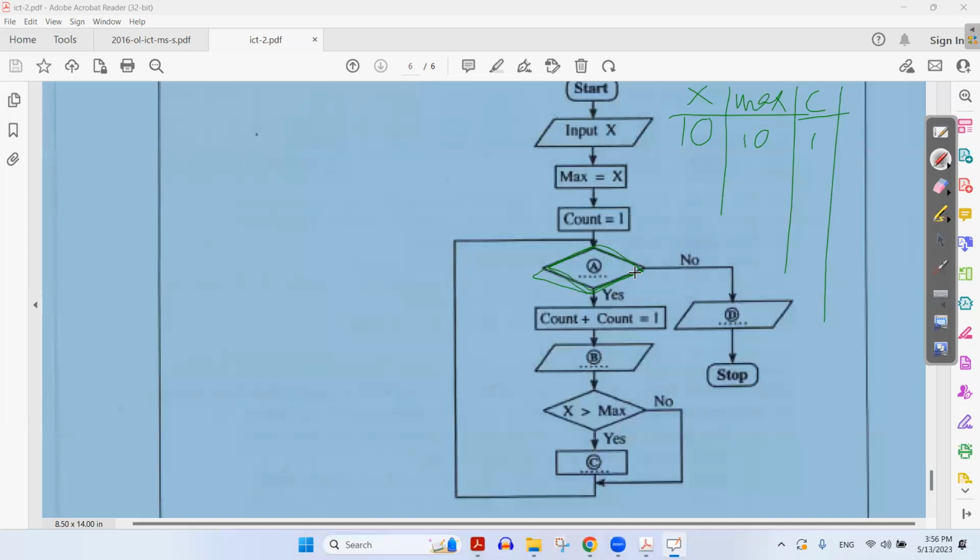So that condition first checks whether it has reached the 100 students. So this is going to be count less than 100.